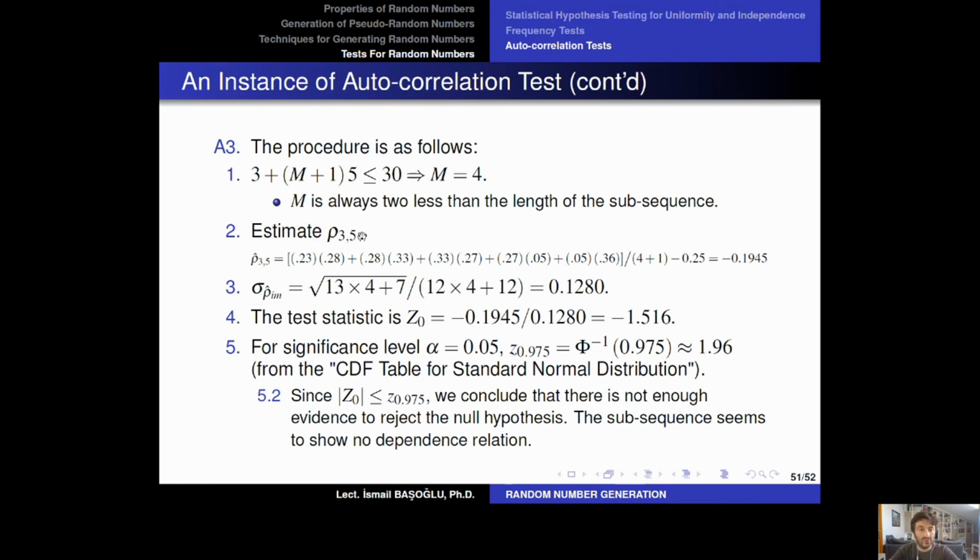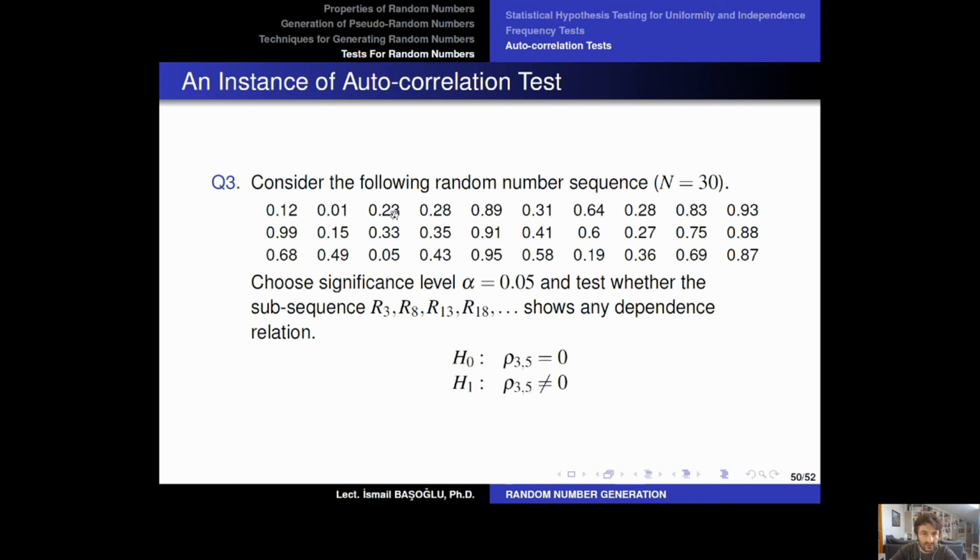So we are just going to multiply every consecutive random number in the subsequence. So we multiply 0.23 with 0.28. 0.28 will be multiplied with 0.33. 0.33 will be multiplied with 0.27. 0.27 will be multiplied by 0.05. And 0.05 will be multiplied by 0.36.